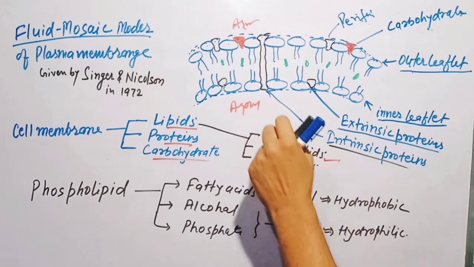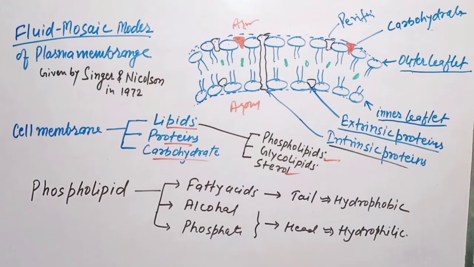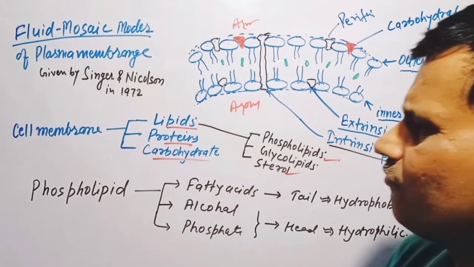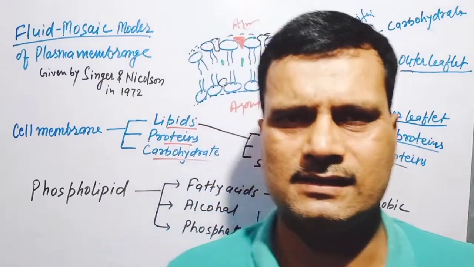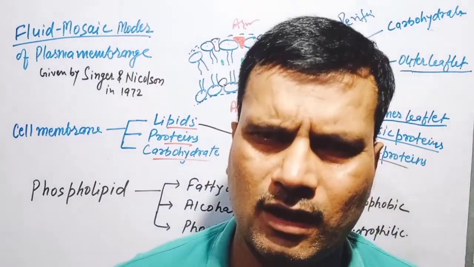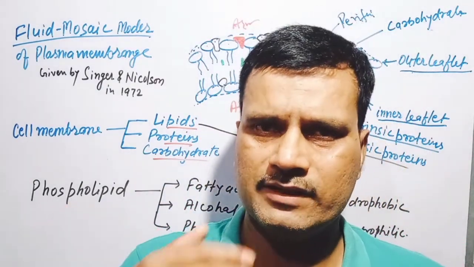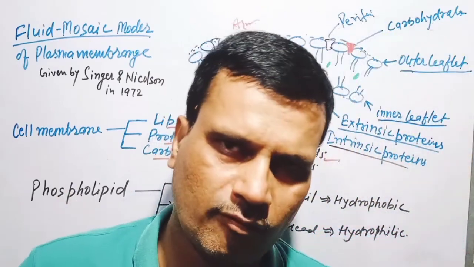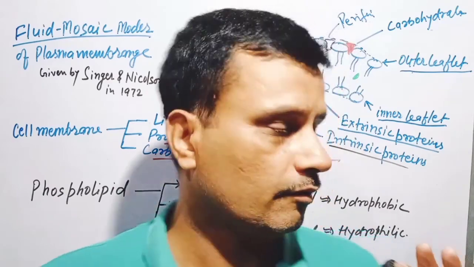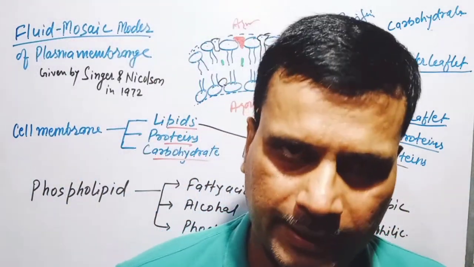So to maintain the aqueous condition and attachment, these heads are hydrophilic. Different types of transporting materials, which may be polar and non-polar, will be discussed in the next video, which is specialized for transportation by the plasma membrane.